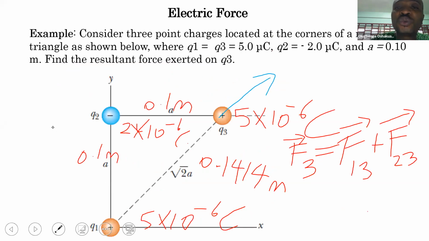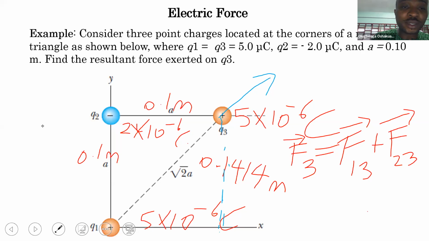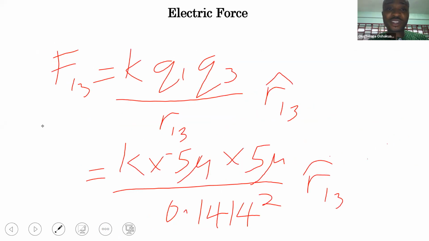So how do we define R13? It's as good as looking at this place and now treating this. So we have to use our intuition to bring out a triangle here. And by doing that, we can now describe, like the way I did in the analogy just now, that from Q1 to this point has a length A, and this point upward also has a length A. So what is length A?